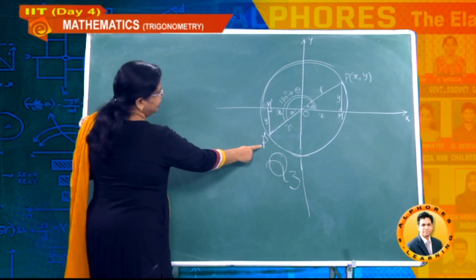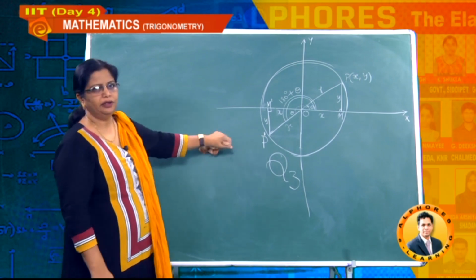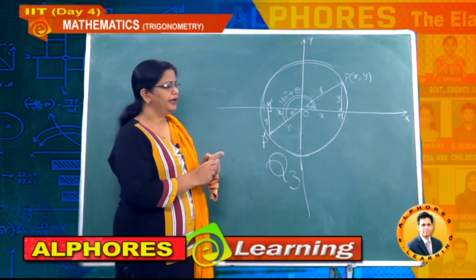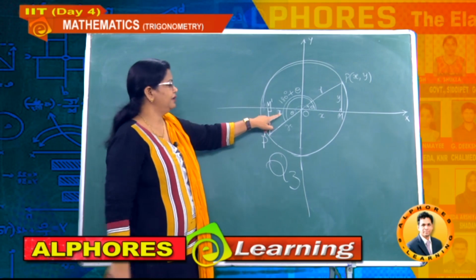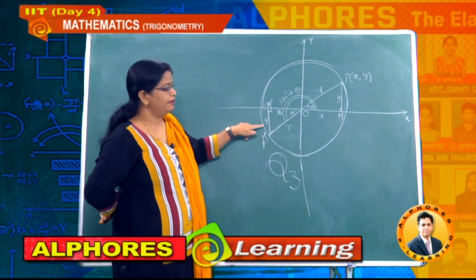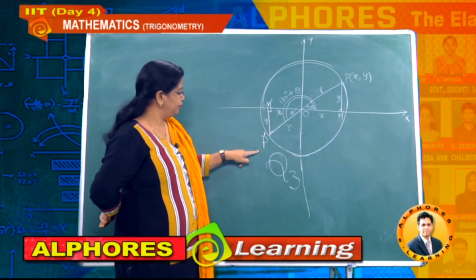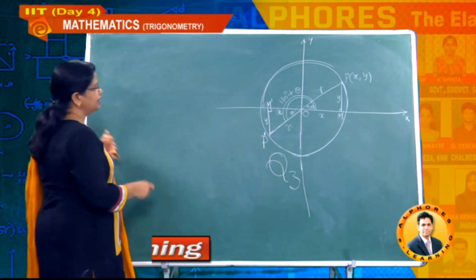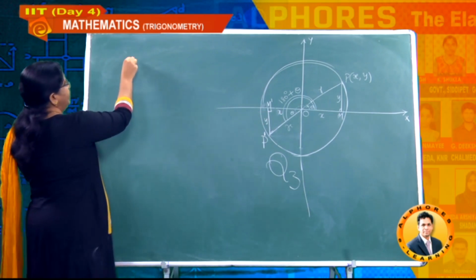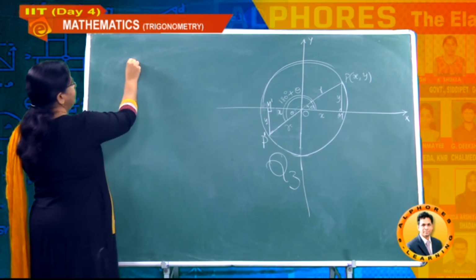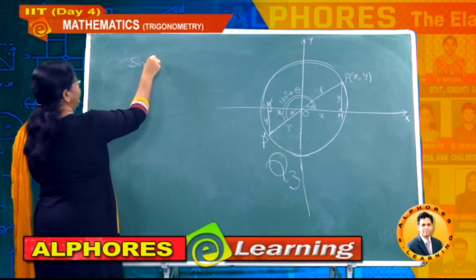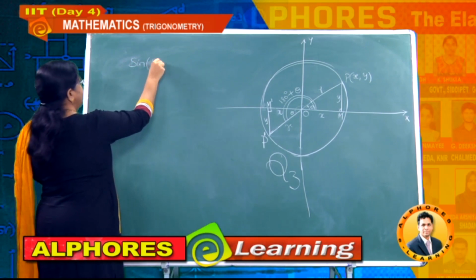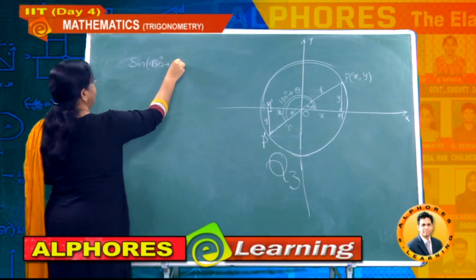Now the point P dash, where is it located? It is located in the third quadrant. In the third quadrant, x value negative, y value also negative, both x and y, abscissa and ordinate, are negative, and hence now we write this value as sin of 180 plus theta, as usual, meaning that is opposite side divided by hypotenuse.